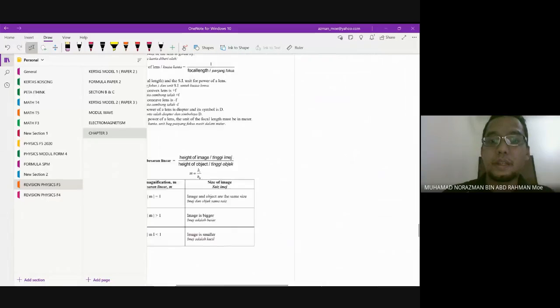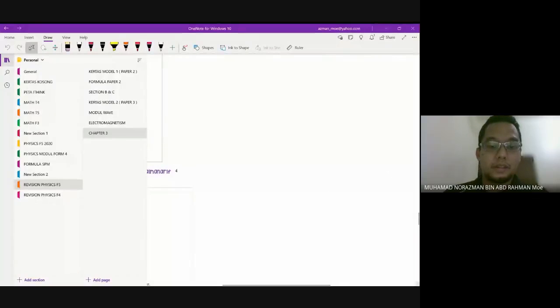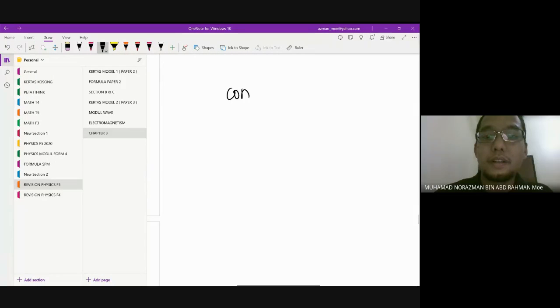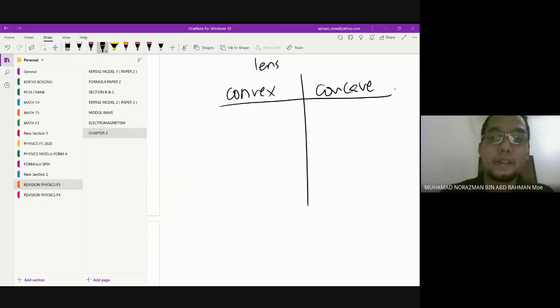Okay, magnification, optical zoom. Okay. So for lens, kita ada convex lens and concave lens. Okay, characteristic of image.